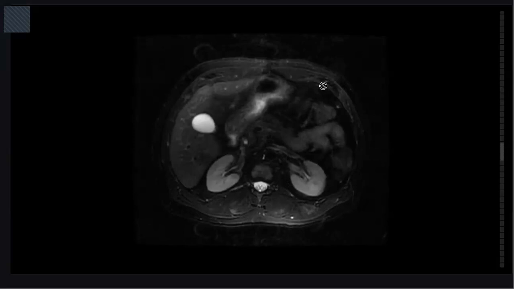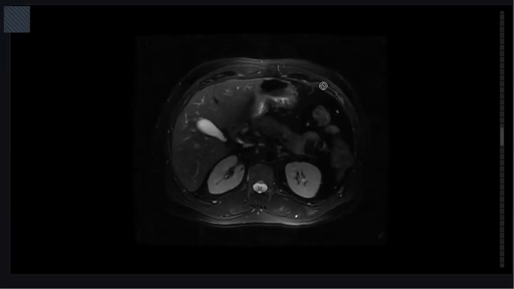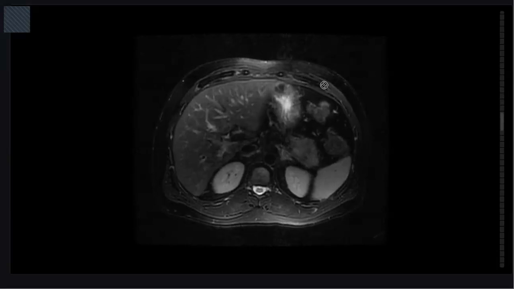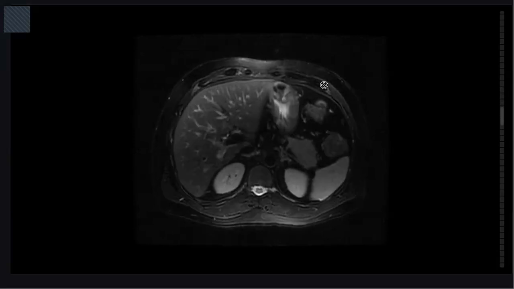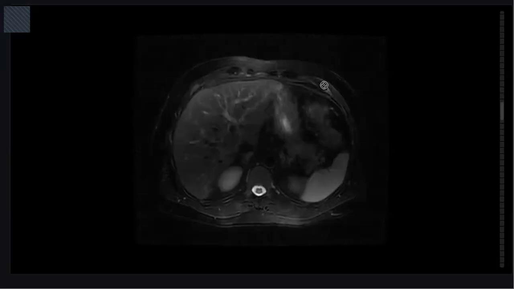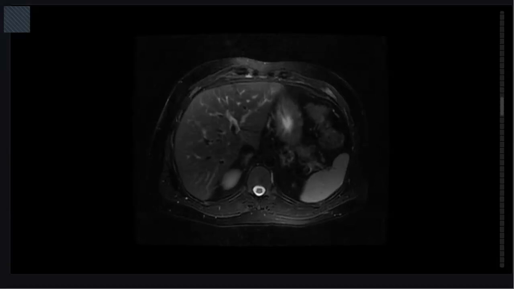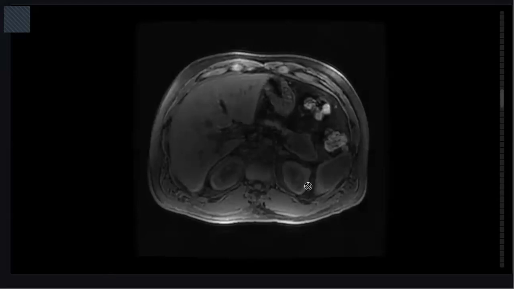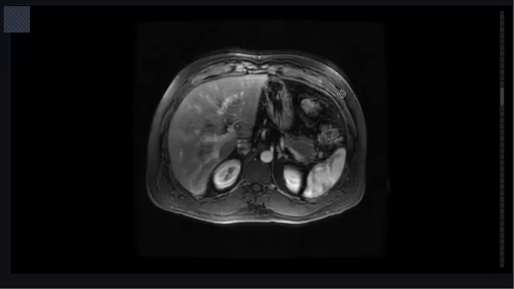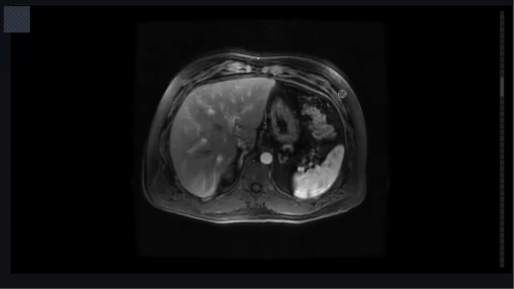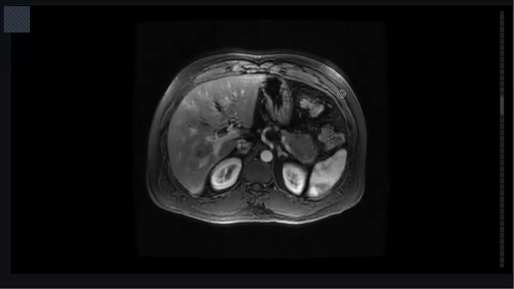It is an axial T2 fat-set image. Here, this area is seen hyperintense in T2. This is a T1 weighted image of the same patient showing low signal in the center of the lesion.